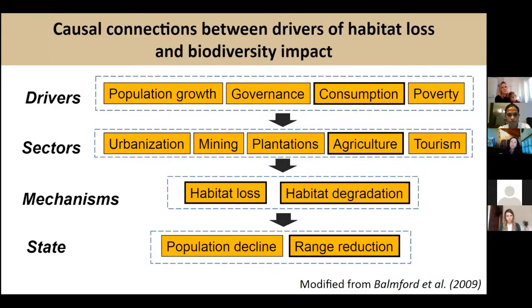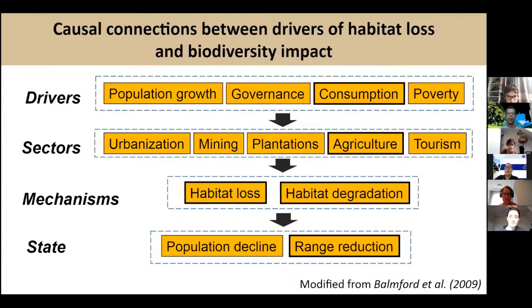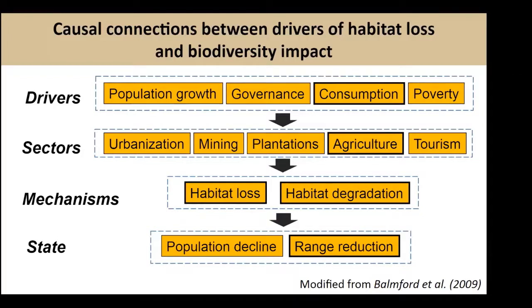And here in bold, the different boxes, we see, as we all know, that agricultural consumption patterns is a very important pathway, or in other words, the consumption patterns of agricultural commodities is a very important pathway that has historically affected biodiversity loss.